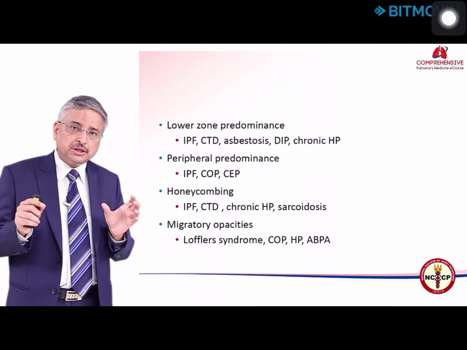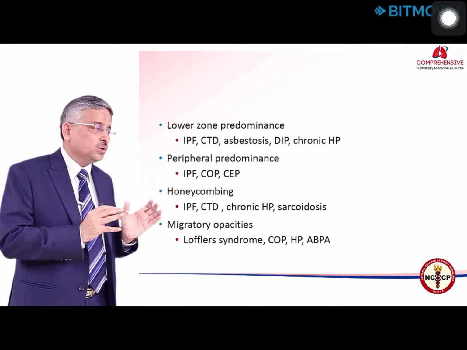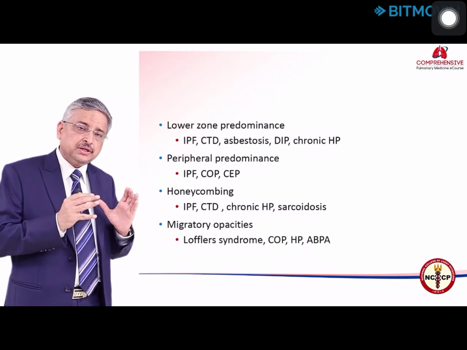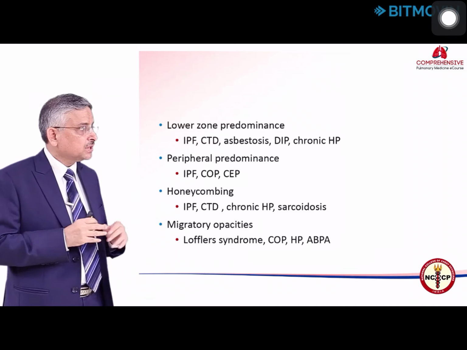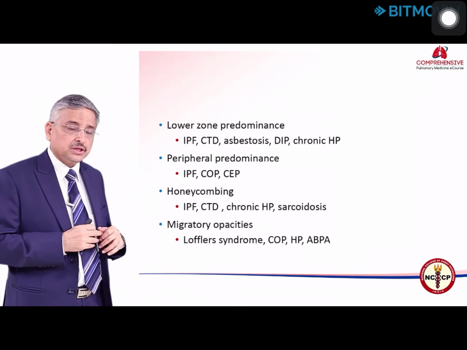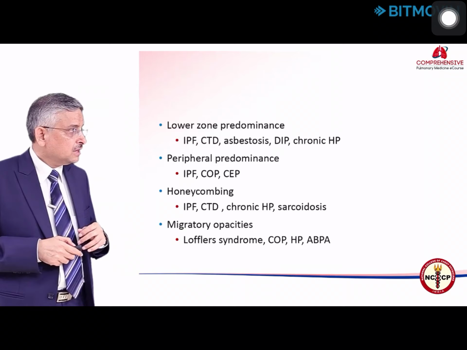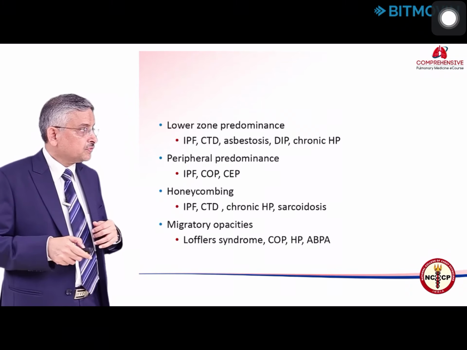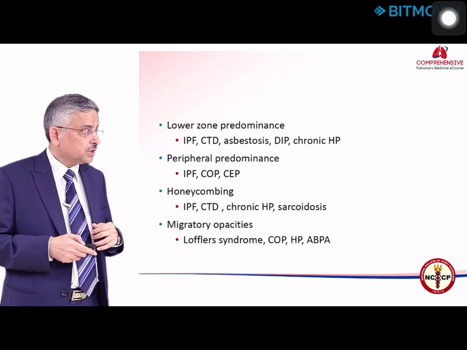If there is honeycombing, it is thought to be very suggestive of UIP pattern and you must think of IPF. But like I said in the beginning, all UIP is not IPF, and therefore honeycombing can also occur in CTD, it can occur in chronic HP and it can occur in sarcoidosis. And if you have migratory shadows which are interstitial, think of Loeffler syndrome, COP, hypersensitivity pneumonitis and ABPA.